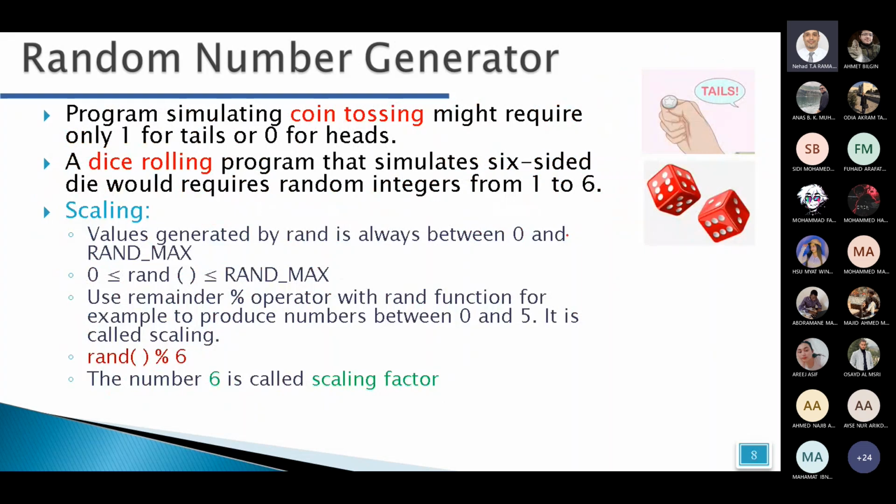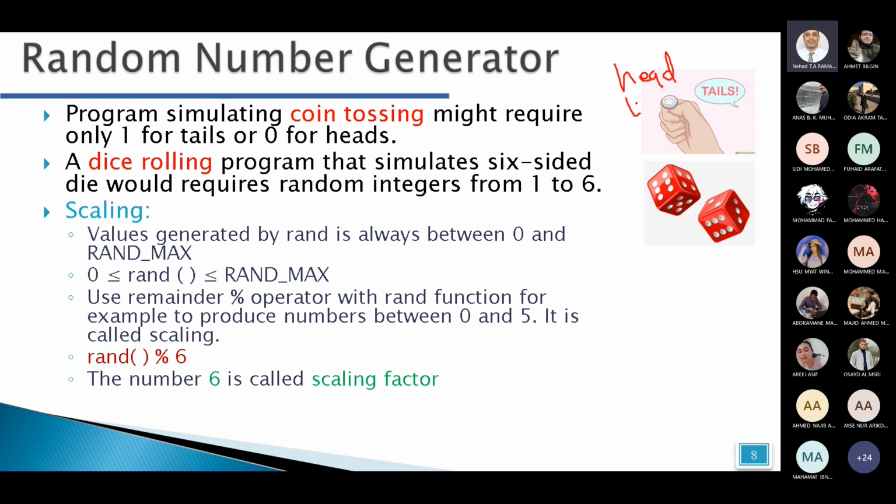Some examples of using this random function. If I want to simulate coin tossing, when you have a coin and throw it in the air, you will get one of the faces, which has a head. When we were kids, we were playing this game.